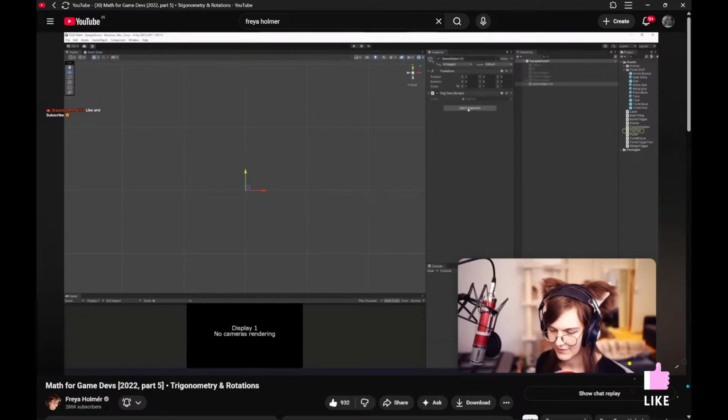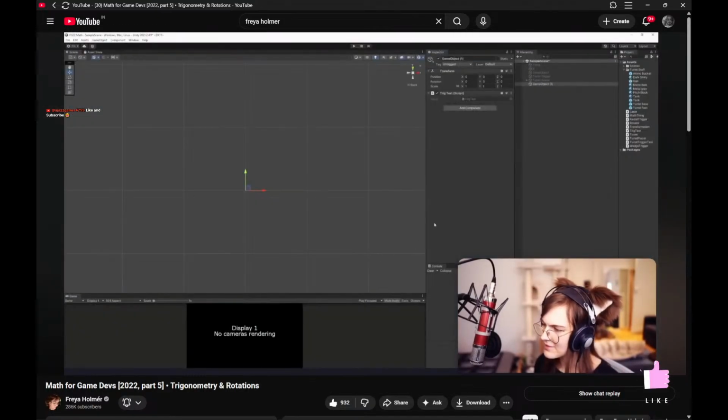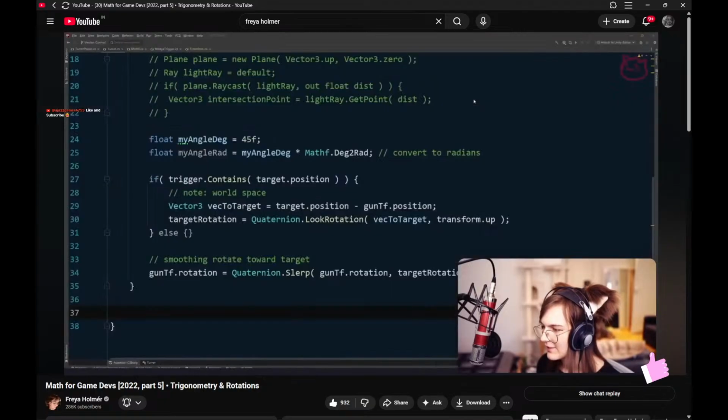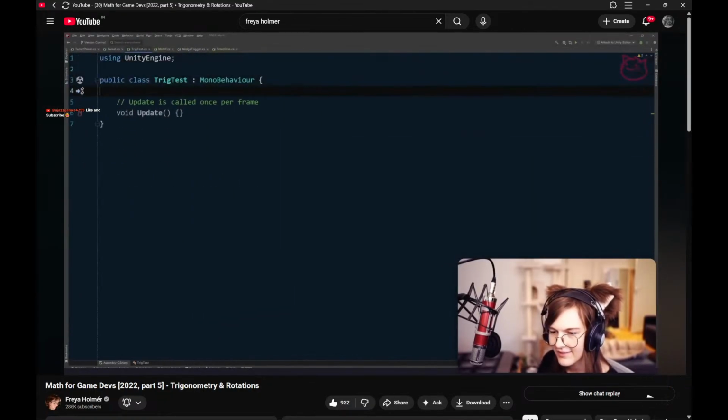Okay. I always have to tab back to Rider and then back to Unity in order for me to open scripts. I don't know why. It's a little bit weird.